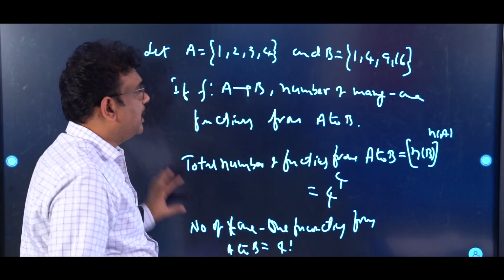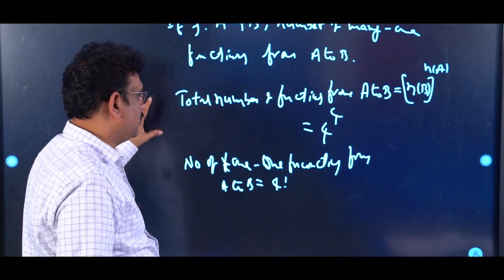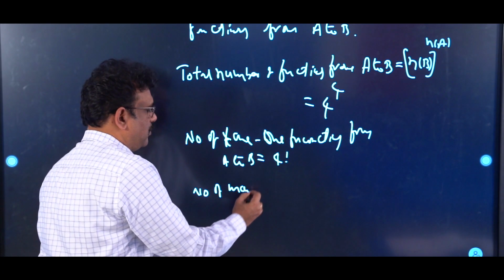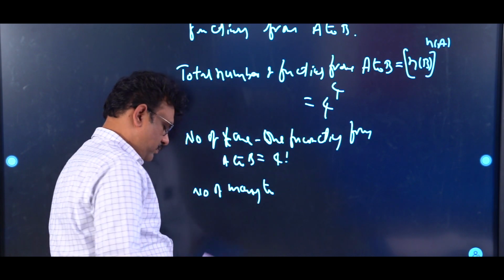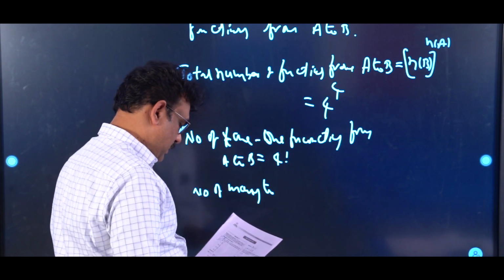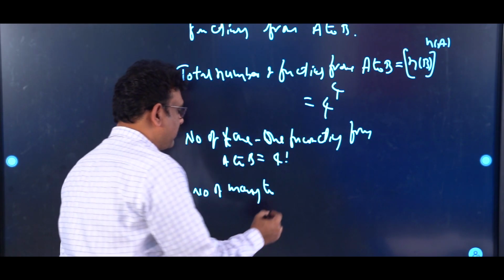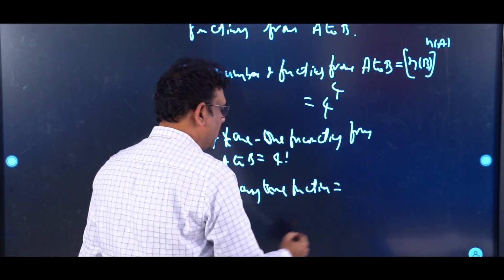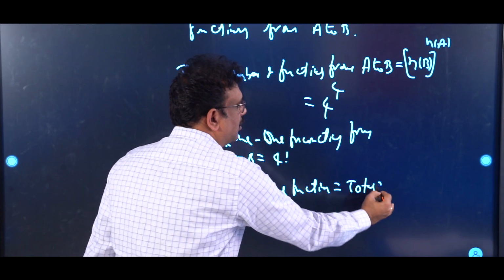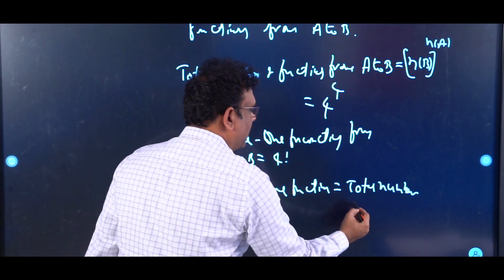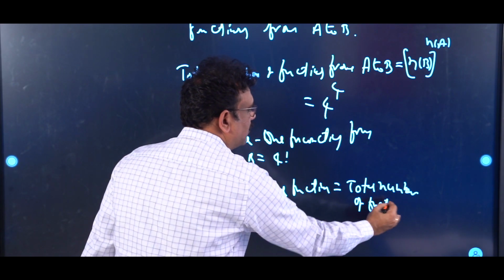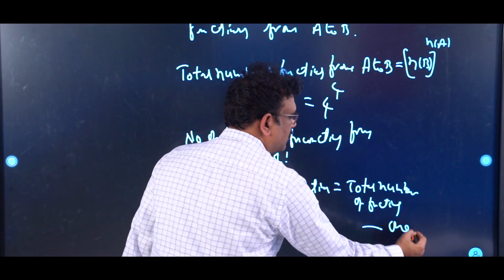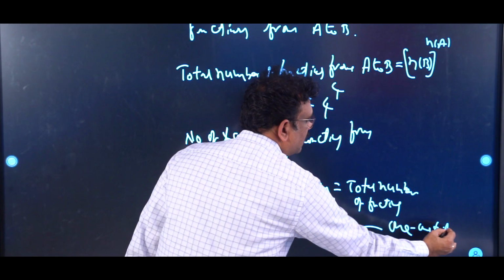So the total number of many-one functions is equal to the total number of functions minus the one-one functions.